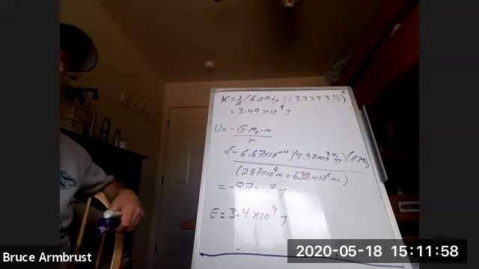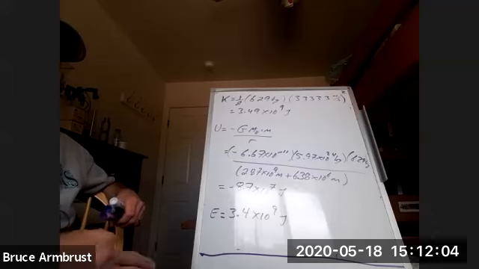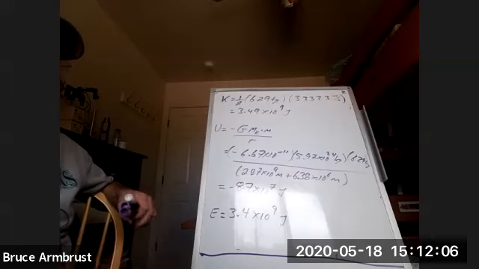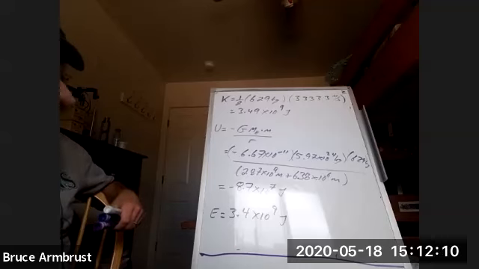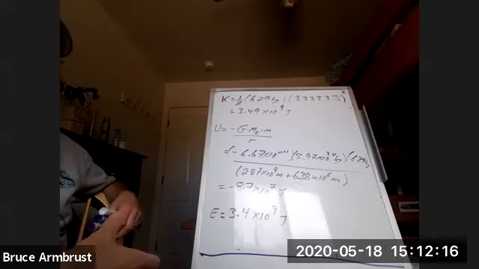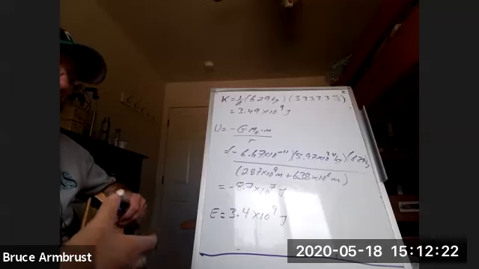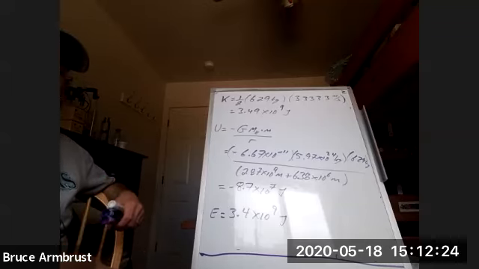For 4 and 5, those were the conceptual questions. I may not have them in the right order, but I think number 4 was the elephant bones. They're made of the same material but are wider. And why does that work? Really what I was going for is that if they're made of the same material, then they've got the same strain.